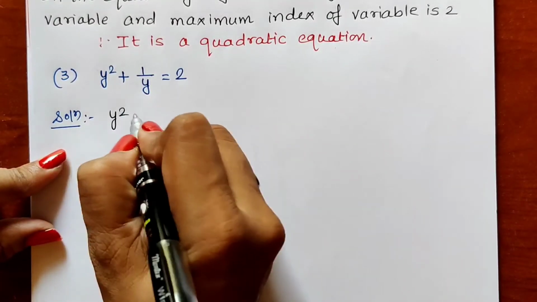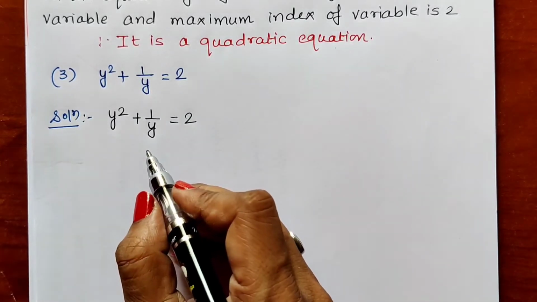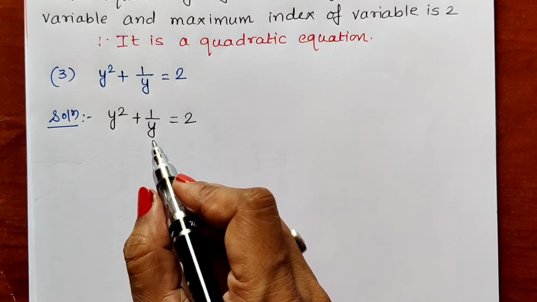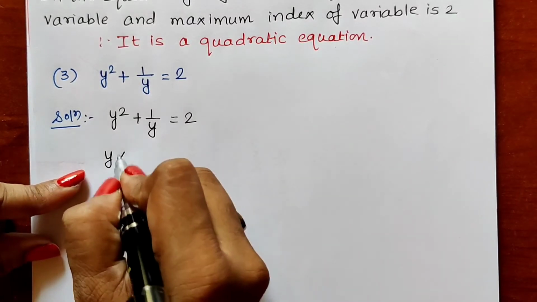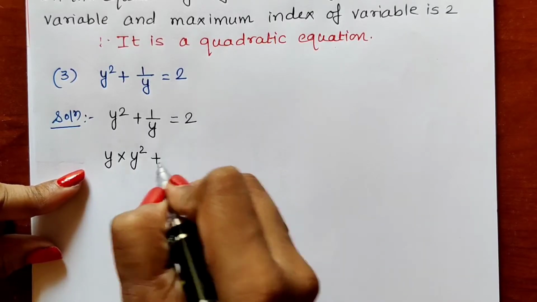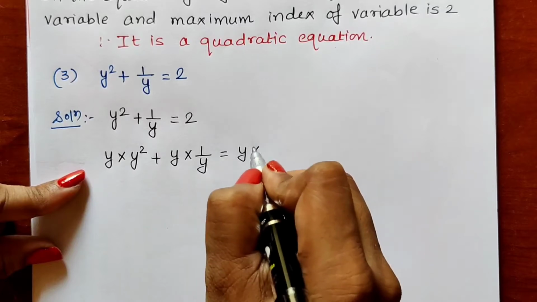Y square plus 1 upon y equal to 2. Now y is there in the denominator in the second term, so we will multiply by y throughout the equation. It will be y into y square plus y into 1 upon y is equal to y into 2.